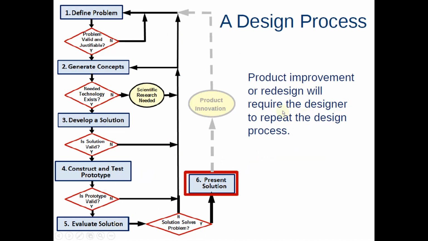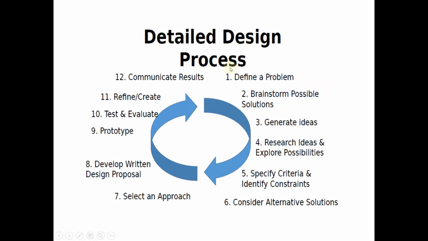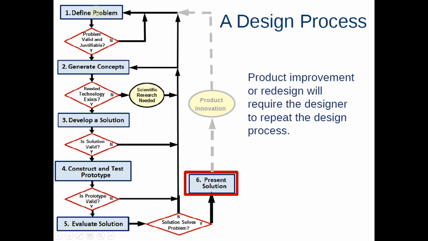So clearly understand the difference between the generic or general design process, which consists of 6 steps, and if you consider each of these steps, we can write each of them in detail as the detailed design process. Each of these detailed design stages can be combined into a single stage in the general design process.